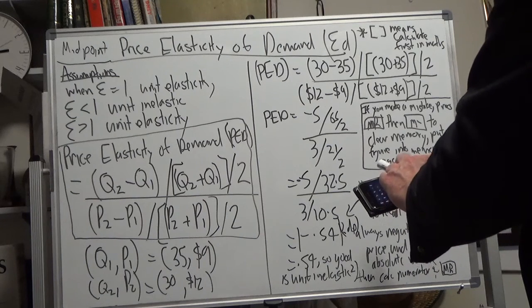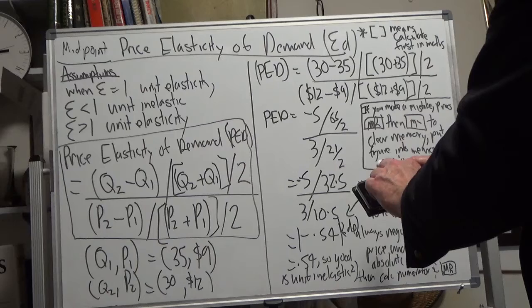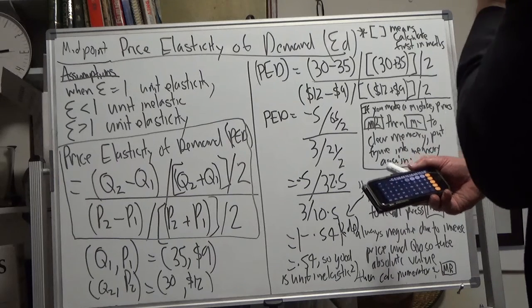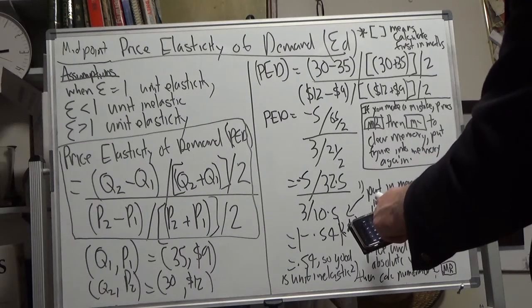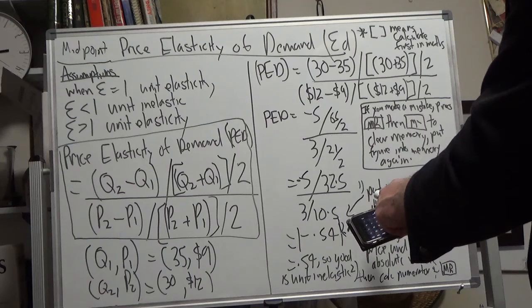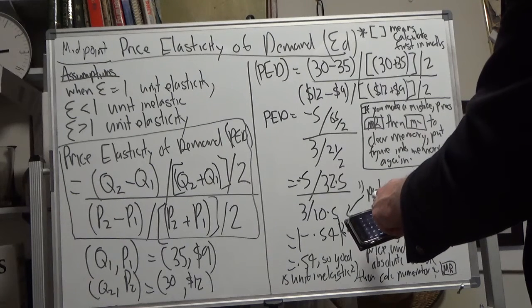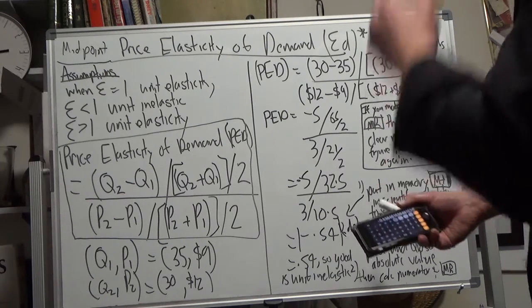That's the numerator, divided by the denominator, MR, and that's our correct answer. So minus 0.54, rounded to two decimal places.